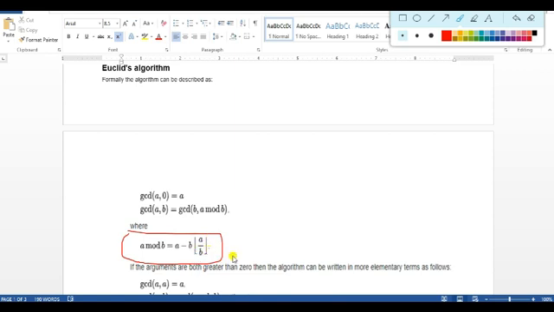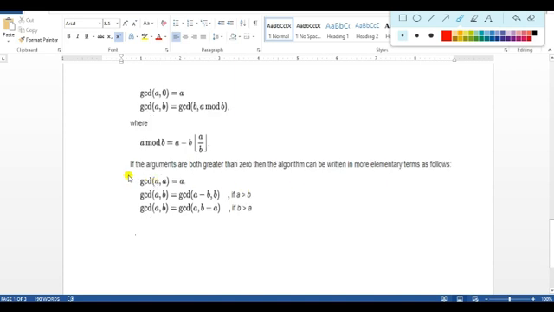If both arguments are greater than 0, we can use this formula. If a and b are both the same, then the GCD is equal to a. This formula is used when both numbers are greater than 0.